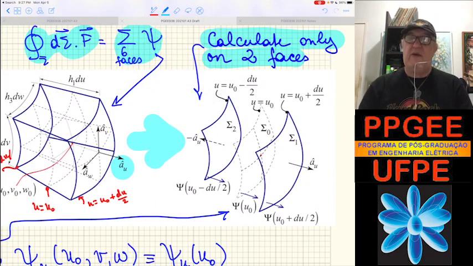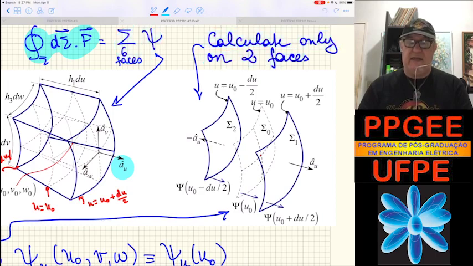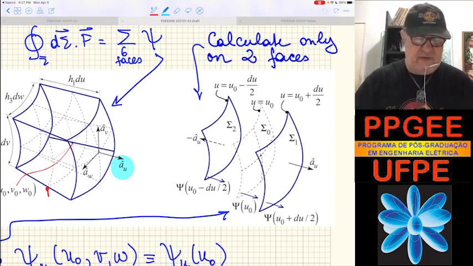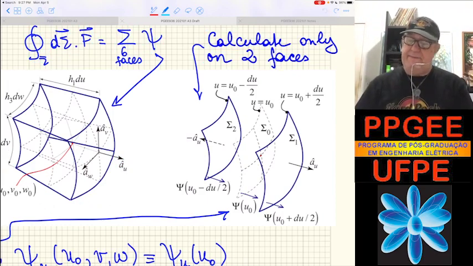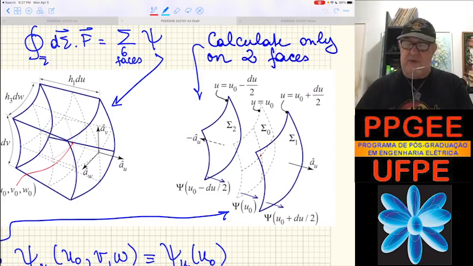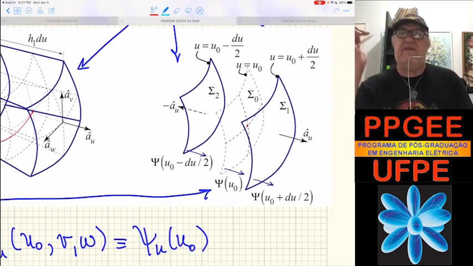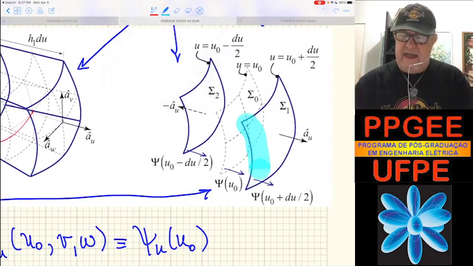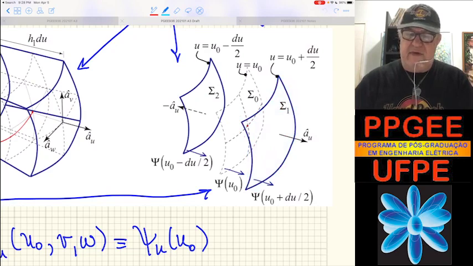Right? So recall that you have to calculate those flux outwards, okay? That's what we have to do, right? In fact, we have to compare how much flux is in this surface in the front here relative to the flux on the back surface there, right? That's what I have to do.